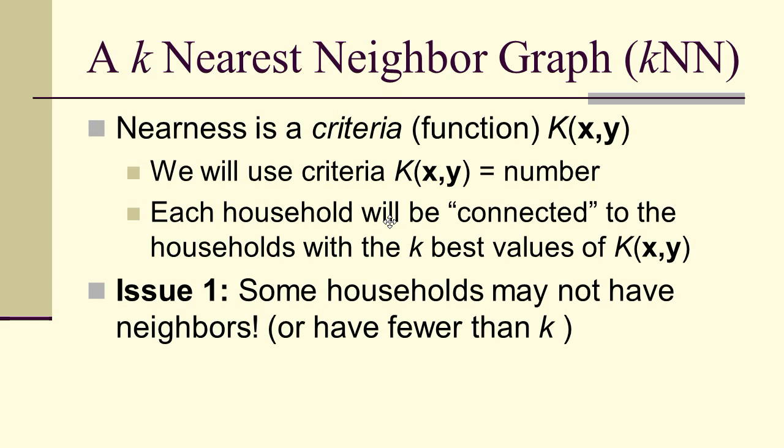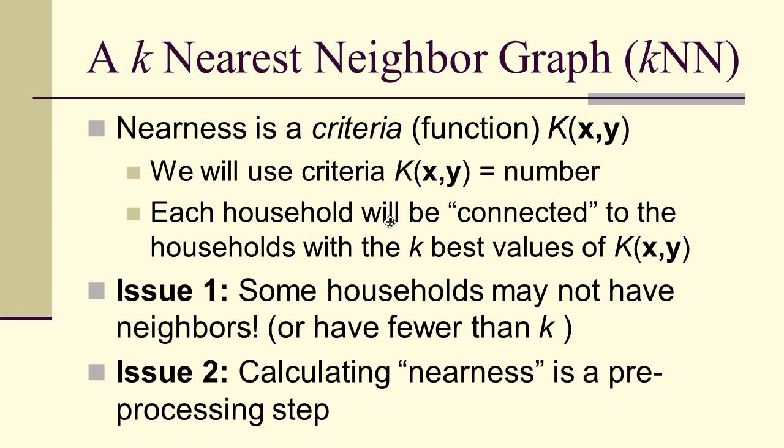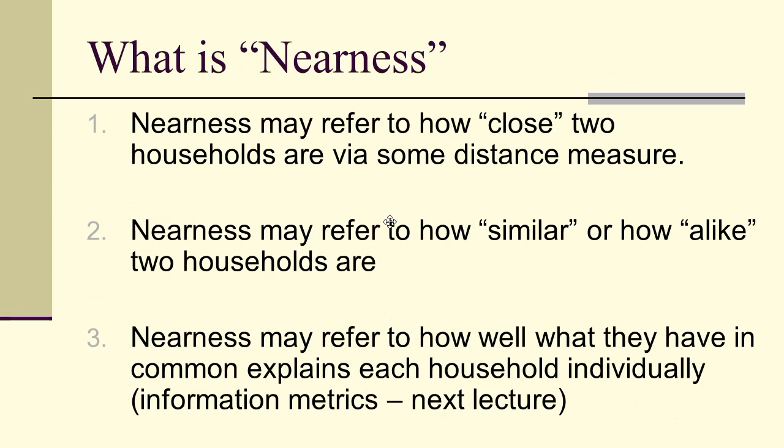Now, there are issues. Some households may not have neighbors. They may not be close to anybody. Or there may be fewer than k neighbors. Calculating nearness is a pre-processing step, and we know what can happen with pre-processing. Proceed with caution.